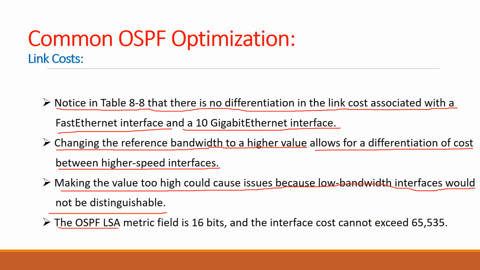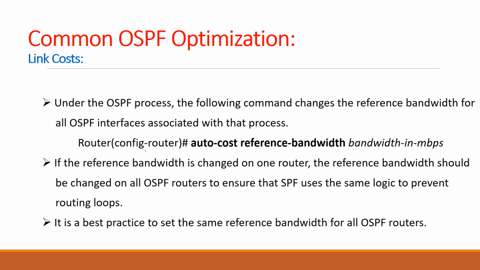The OSPF link state advertisement metric field is 16 bits, and the interface cost cannot exceed the value 65,535. Under the OSPF process, the following command changes the reference bandwidth for all OSPF interfaces.